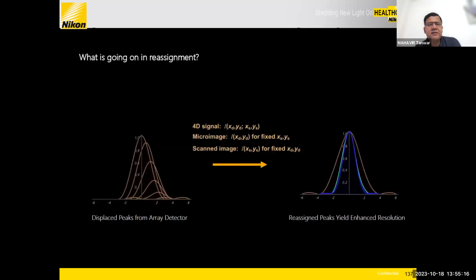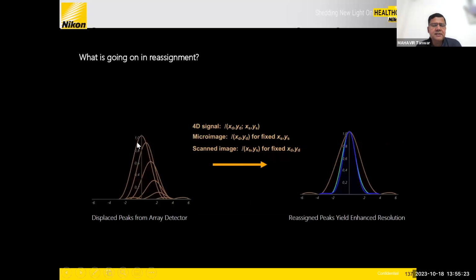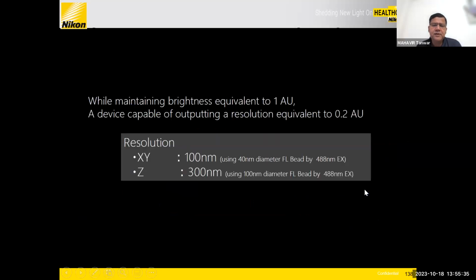There is a paper, the pixel reassignment method. If you see these different peaks, at each 0.2 Airy unit the intensity will be different, right? Using the pixel reassignment method, they are correcting using an algorithm, and then everything comes to the same peak, and we can improve the resolution to 100 nanometer and 300 nanometer in Z. So this is confocal based, and it is very well accepted now and getting good popularity over SIM, majorly because of low light imaging.